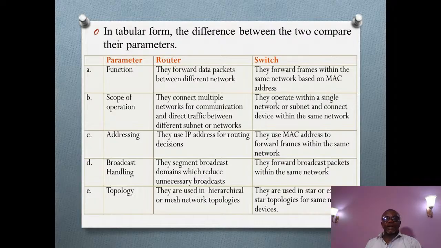Addressing: routers use IP addressing for routing decisions, while switches use media access control addresses to forward frames within the same network. Broadcast handling: routers segment broadcast domains, which reduces unnecessary broadcast, while switches forward broadcast packets within the same network.